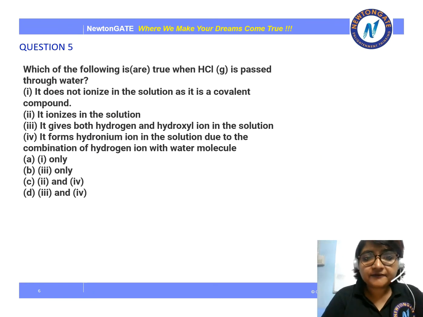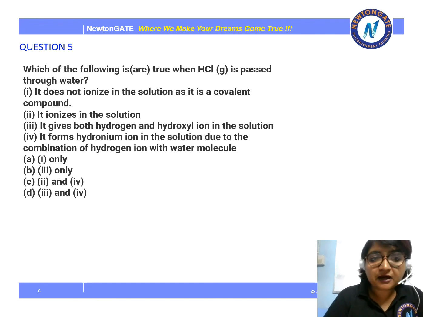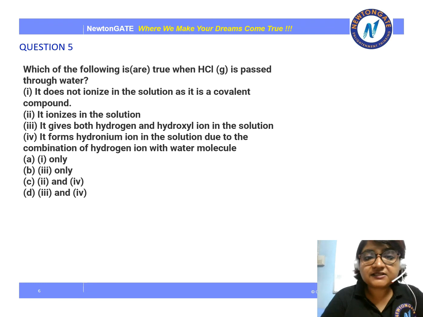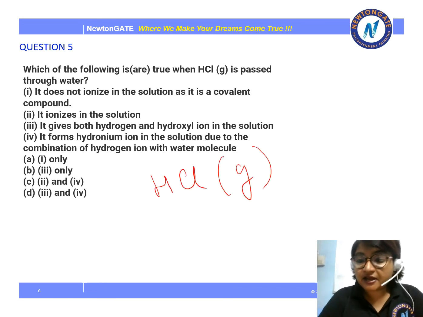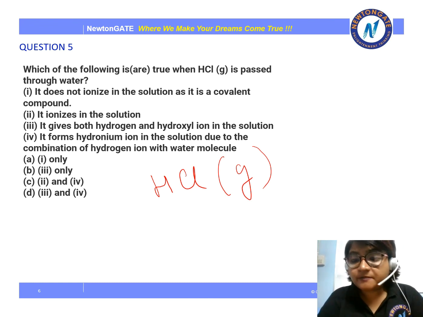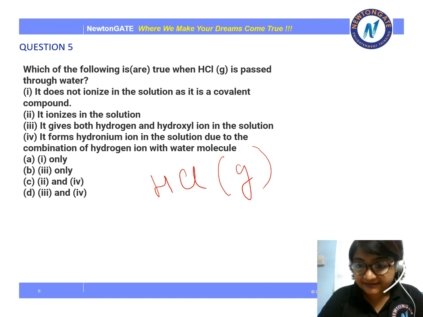Question number 5. Which of the following is or are true when HCl gas is passed through water? It does not ionize the solution as it is a covalent compound. Okay, students, HCl, if it is present as gas, or you call it hydrogen chloride gas, it is a covalent compound and it does not behave as an acid.